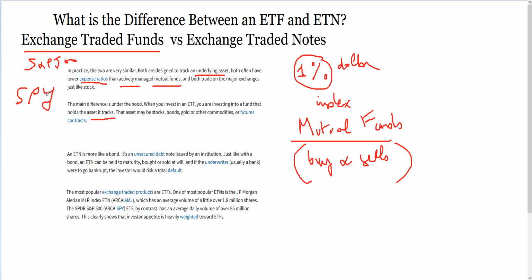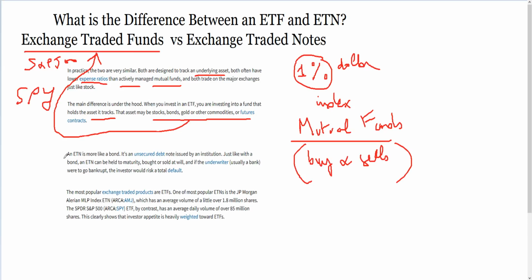Those assets may be stocks, bonds, gold, commodities, or futures. An ETF can track an index, bonds, gold or other commodities, or even futures contracts. Whatever it tracks, it has a name and it's called an ETF.